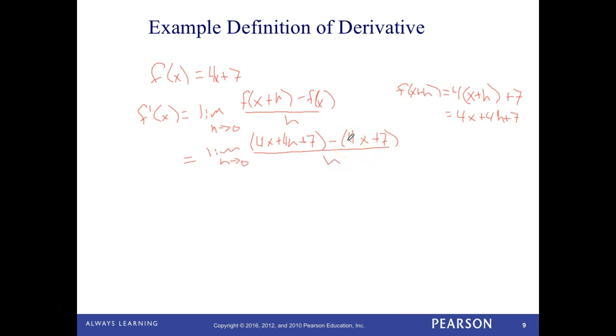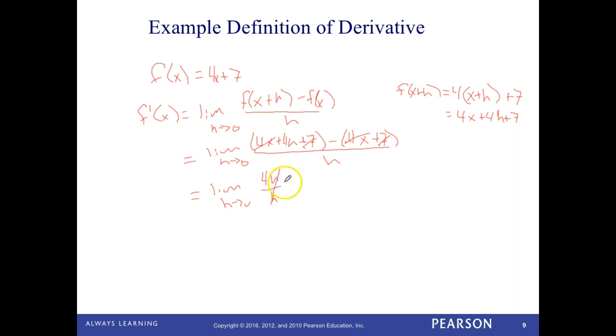Now at this stage, just like in our last lesson, some things should cancel. So here I've got 4x minus 4x. Those will cancel. And I've got 7 minus 7. Those will cancel. So all I'm left with is the limit as h approaches 0 of 4h over h.